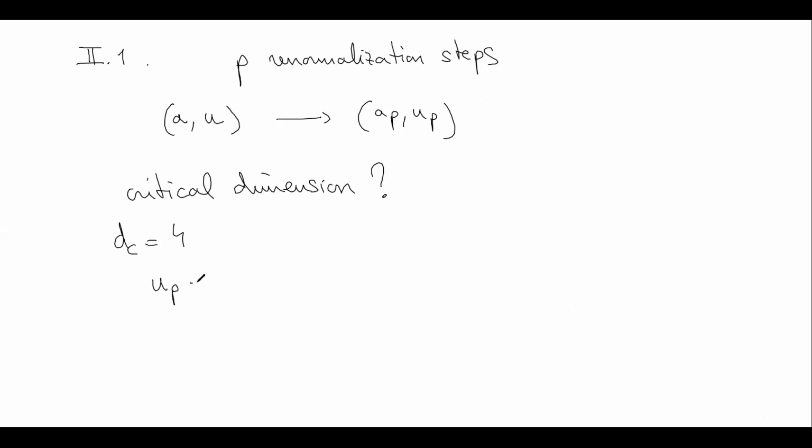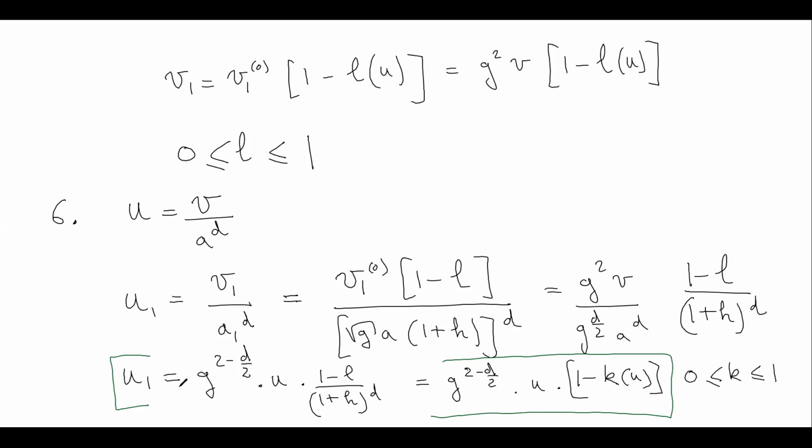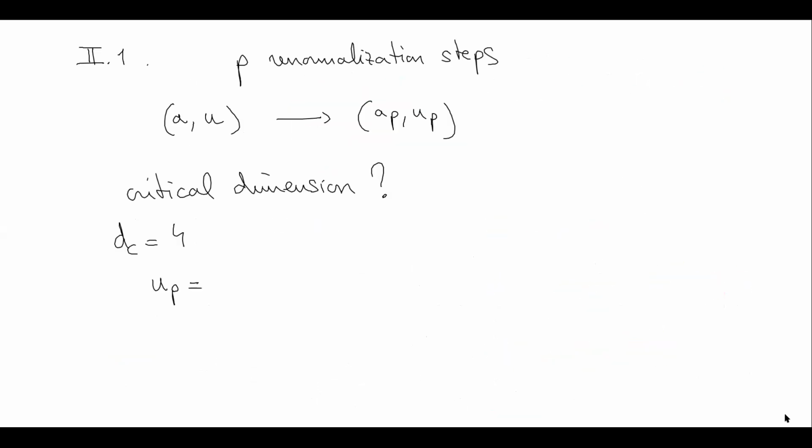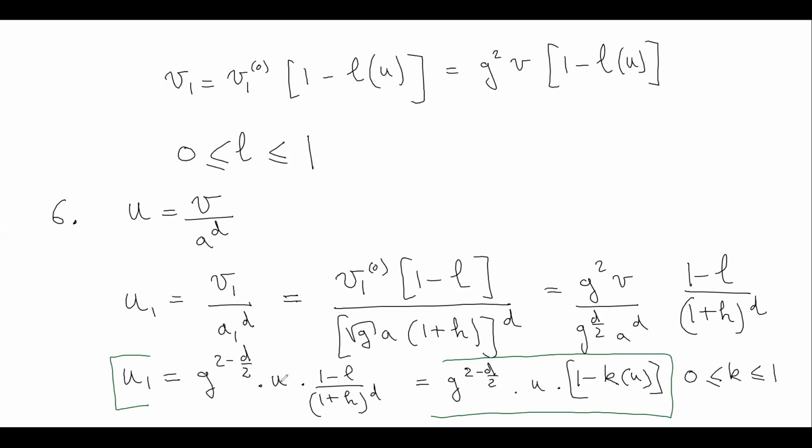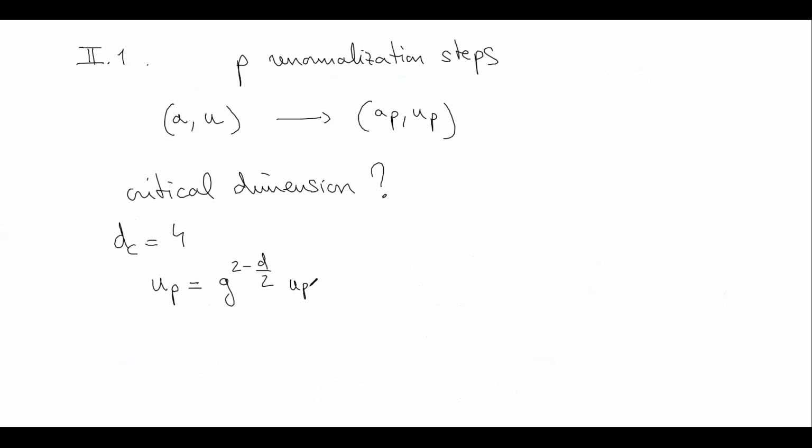U_P is equal to, as you can see here, G to the 2 minus D over 2, times the coupling constant at the previous step, so it was U towards U1, but now it's U_P minus 1, the previous step. And there you have 1 minus K, which was a function of U at the previous step. Okay, this is what we had.